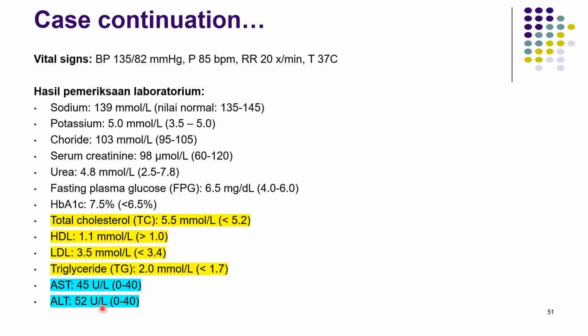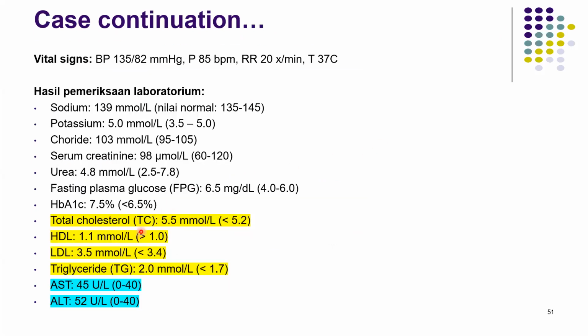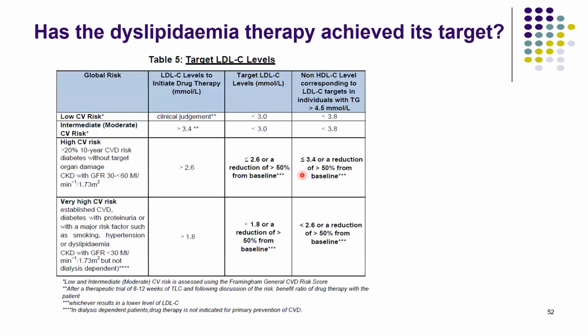So what does it alert us or not? Do we achieve the target for this patient or not? Total cholesterol 5.5, HDL, LDL 3.5. Do we achieve the target 3.5? Initially, he got 5.2, I think.